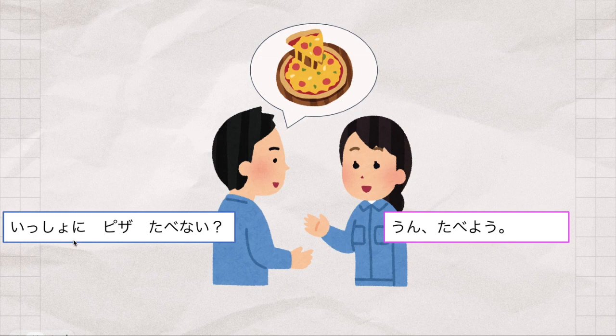So from this conversation, we could tell that this conversation form is normal because it is not in a polite form and they seem to be co-workers around the same age, so they are using normal form.